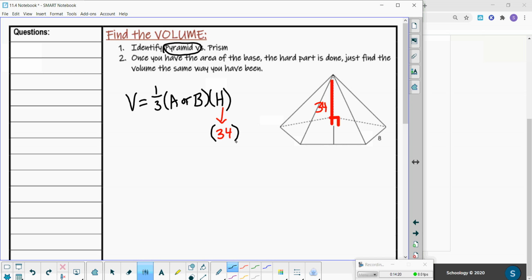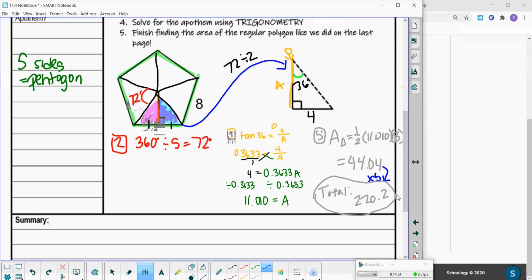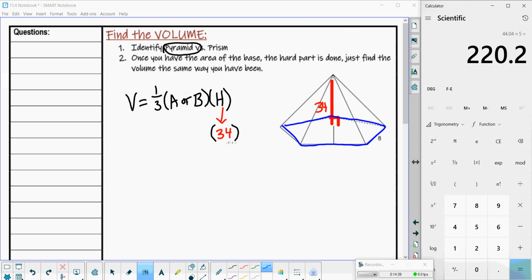And so I'm going to highlight our base in blue. It's 1, 2, 3, 4, 5. Side length of 8. So we actually found this area. It was our previous example. Okay. And so the total area was 220.2.